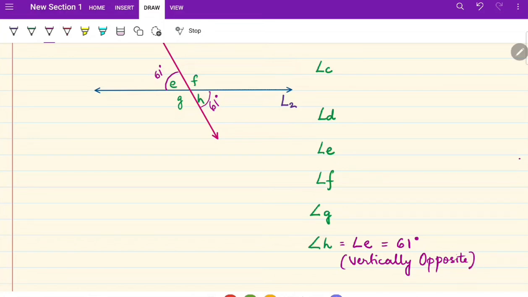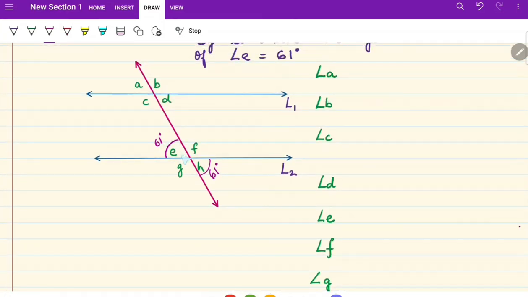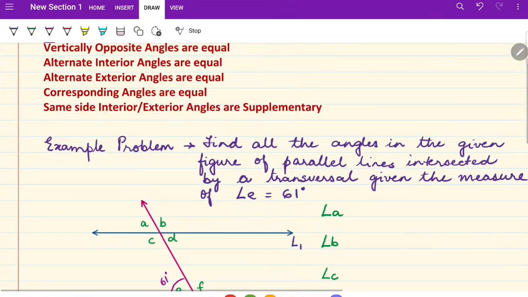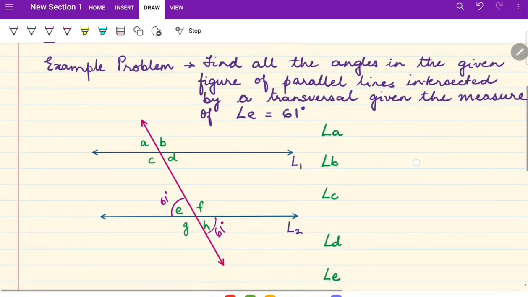Now, which other angle would be equal to 61 degrees? In our list, we have alternate interior angles are supposed to be equal. So E is an interior angle. The angle which is alternate interior to angle E and will be equal to it is D. D is an interior angle and it is diagonally opposite to E. So angle D will also be equal to 61 degrees by virtue of them being alternate interior angles.